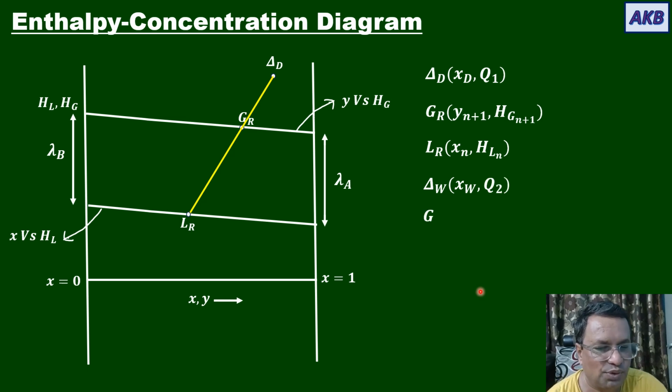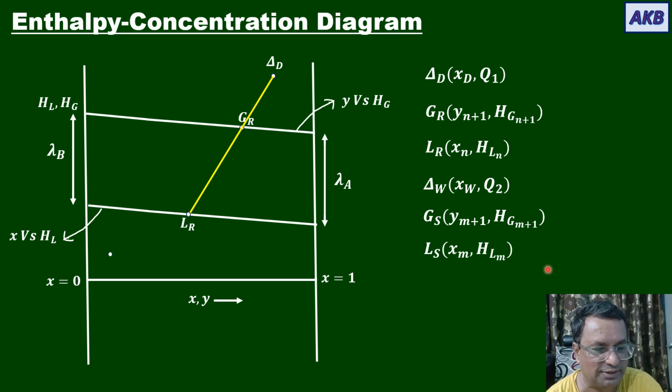Okay, we also got the other 3 points. One was delta W with coordinates xW, Q2, GS with coordinates ym+1, Hgm+1, and LS with coordinates xm, Lm, HLm. Okay, so point delta W will be represented over here.